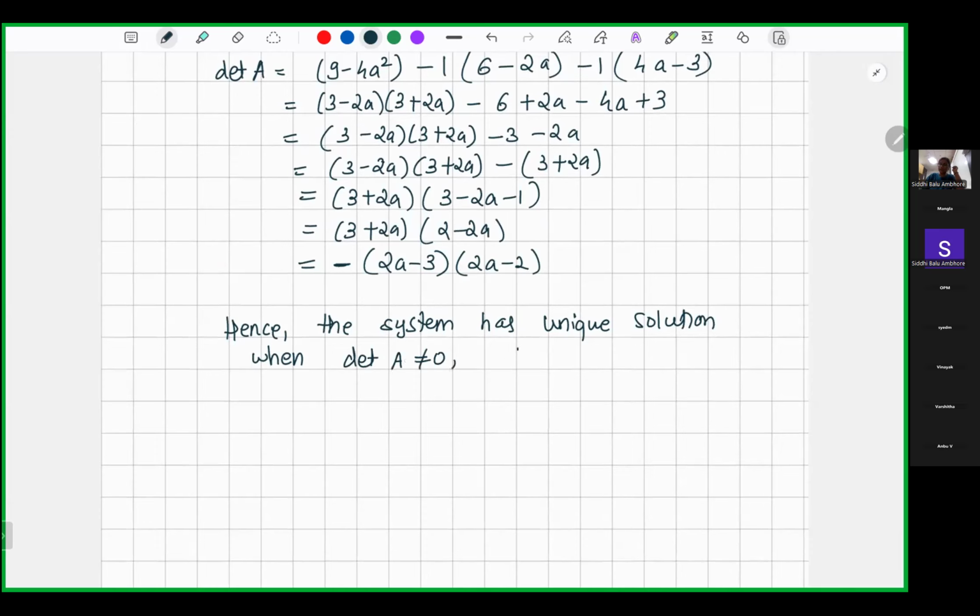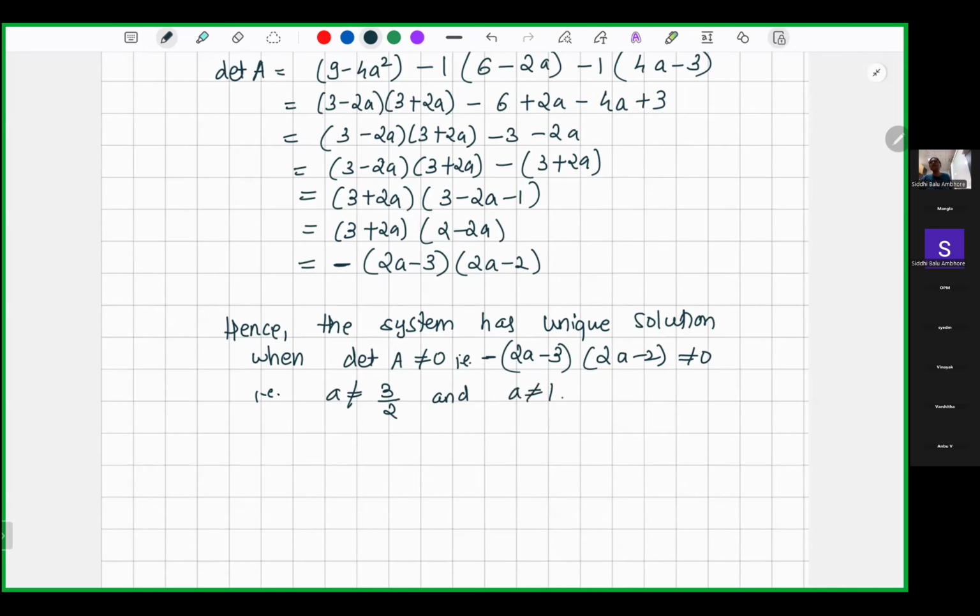That is when 2a minus 3 and 2a minus 2 are non-zero. That is when a is not equal to 3 by 2 and a is not equal to 1, right? These are the only two possibilities.